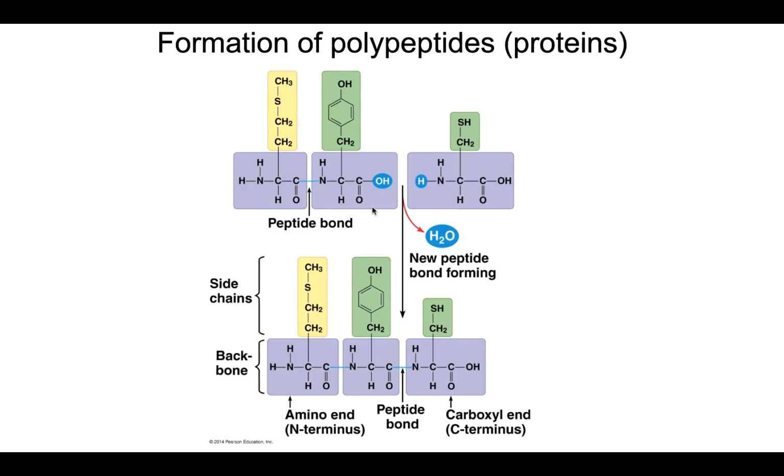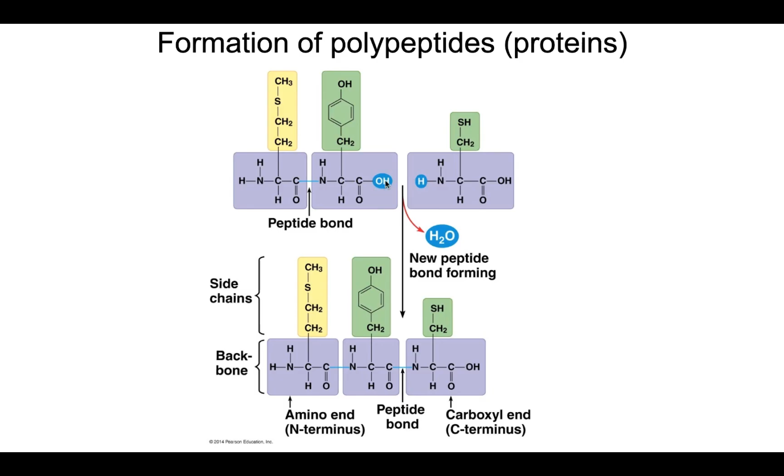So what we have here is the growing polypeptide. Here we have the alpha carboxyl end. This is the alpha amino end, or the N-terminal end, or the C-terminal end. What's going to happen, and this is the new amino acid coming in, is we're going to lose an H from the alpha amino group of the incoming amino acid.